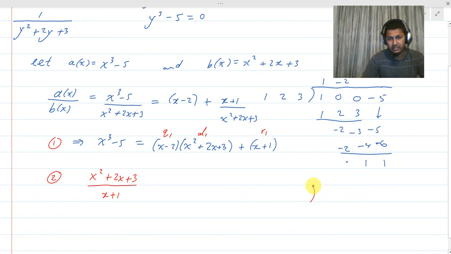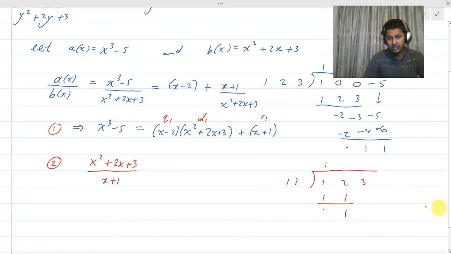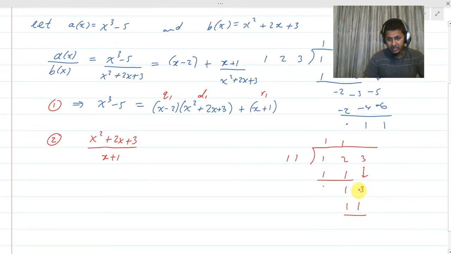So what we have here is 1, 2 and 3, and the 1 goes on the outside, so 1 can go into 1 time. 1 times 1 is 1, 1 times 1 is 1, and we subtract, so 2 minus 1 is 1, and bring down the 3. 1 can go into 1 times, so we just have 1. And if we subtract here, we end up with a remainder 2. So the answer to this is x plus 1 plus 2 over x plus 1.